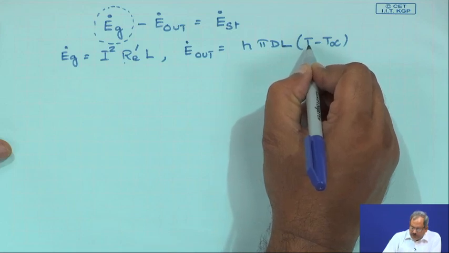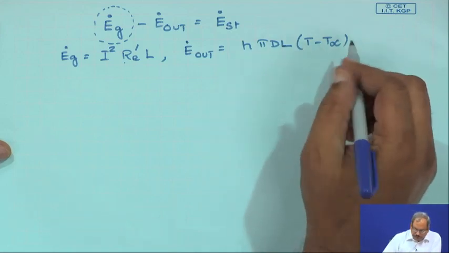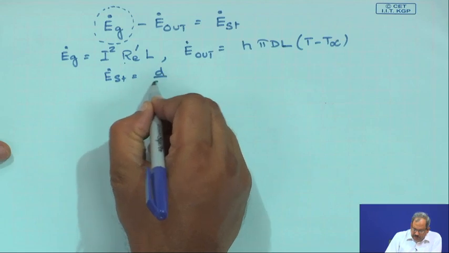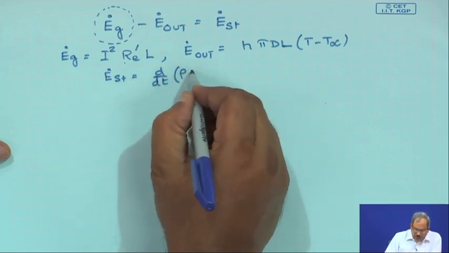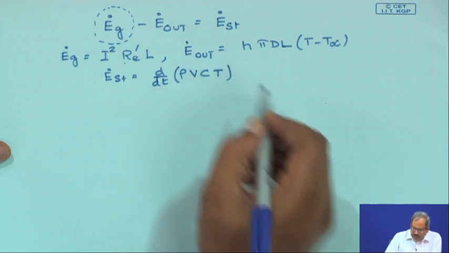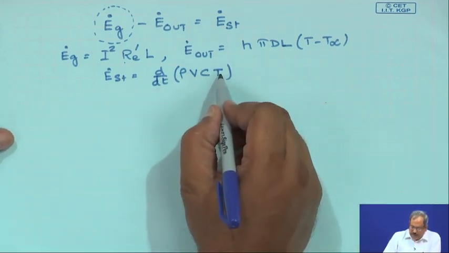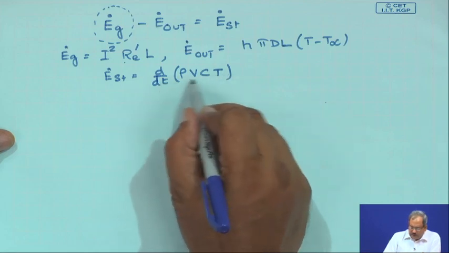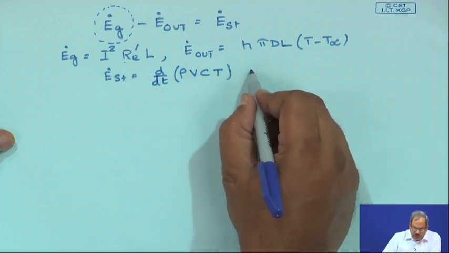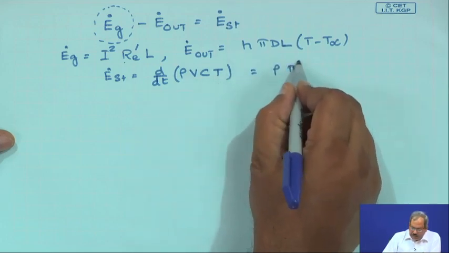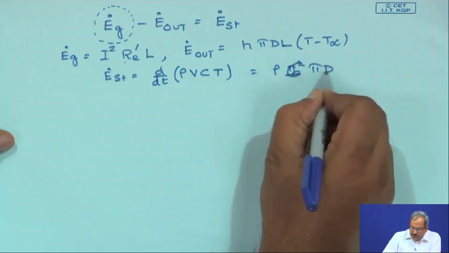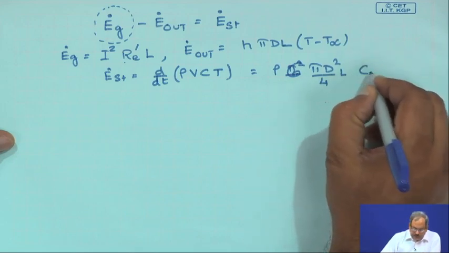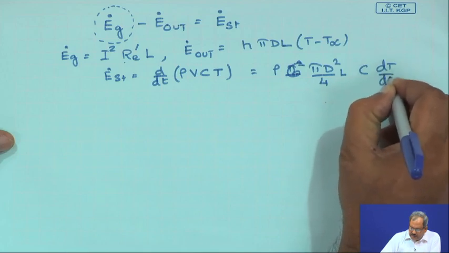So, it is not going to vary in space, but it is going to vary in time, and E dot stored would simply be equal to d/dt, the time rate of change of energy contained within the control volume. Energy should always be expressed in terms of a reference, but since that reference is a constant, I can simply write it in this form, which is rho pi d square by 4 times L. So, that is the volume times C times dT by dt.